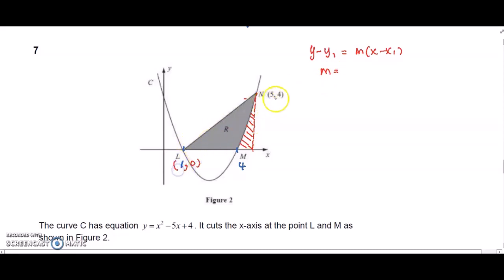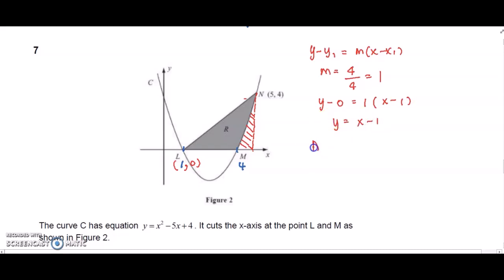That will be 4 divided by 5 minus 1. 4 minus 0 will be 4, and 5 minus 1 will be 4. So I get m equals 1. Continue by finding the equation. I take this as my y1. y minus 0, m I put in 1, and x minus x1, where x1 will be 1. So my equation will be y equals x minus 1.